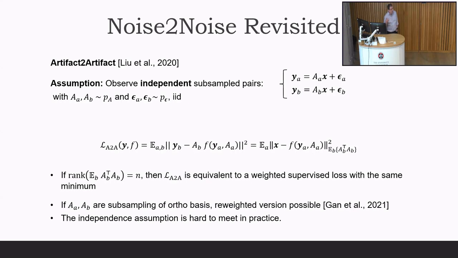Okay, so two things to really stress here. One is, of course, as with the noise to noise, the independence assumption is hard to meet in practice. But the other thing I would like to stress, and this also applies to noise, is that when we say we're achieving the equivalent of an MMSE estimator, we are learning an MMSE estimator for one bit of the measurements we've got.